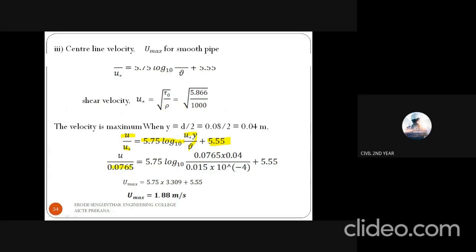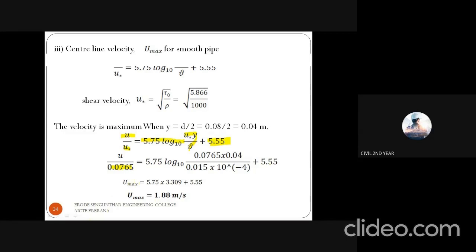The value for U star is 0.0765. Then U max equals 5.75 log 10 of U star, 0.0765, into Y, divided by kinematic viscosity. We are considering the maximum velocity at the center of the pipe, so with diameter 0.08, the center is at 0.08 divided by 2, that is 0.04. The kinematic viscosity is 0.015 into 10 to the power minus 4, plus 5.55.